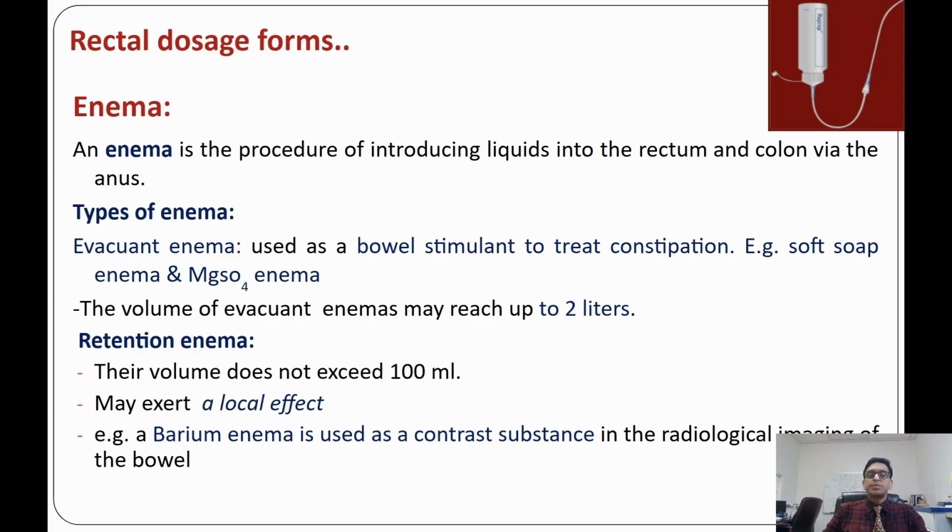Example, soft soap enema or magnesium sulfate enema. The volume of evacuant enemas may reach up to 2 liters. Retention enema volume does not exceed 100 ml and may exert a local effect. Example is the barium enema, used as a contrast substance in radiological imaging of the bowel system.